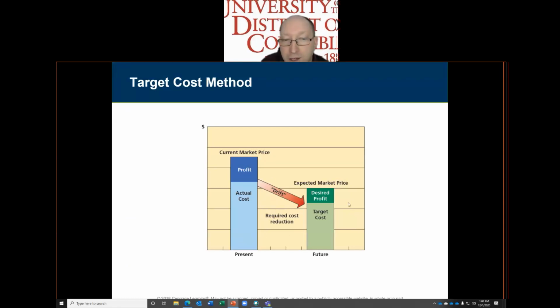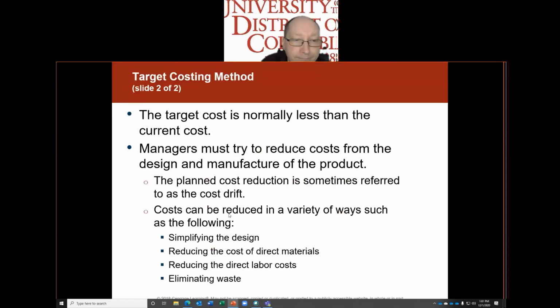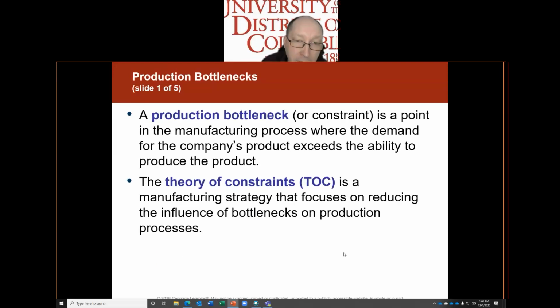It's basically the difference between present and future, looking at current market prices and expected market prices. Target cost is usually less than the current cost. It's a way for us to drive costs down by reducing labor, reducing the cost of materials, simplifying the design, and eliminating waste. Those are ways you reduce cost.